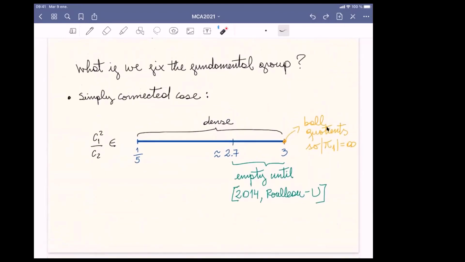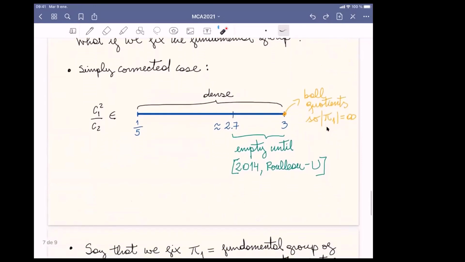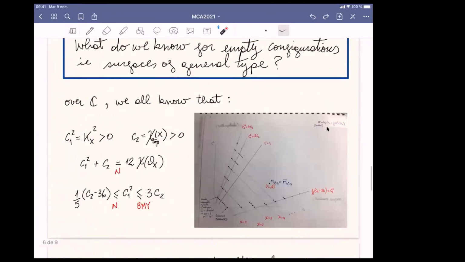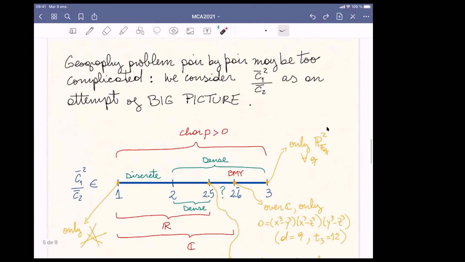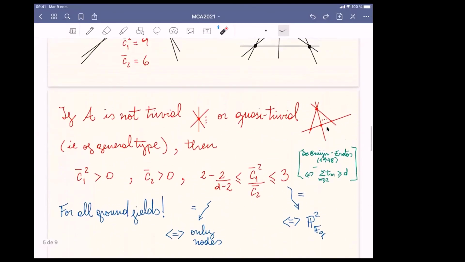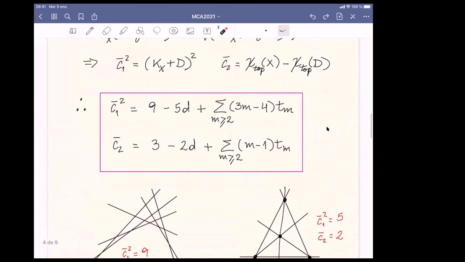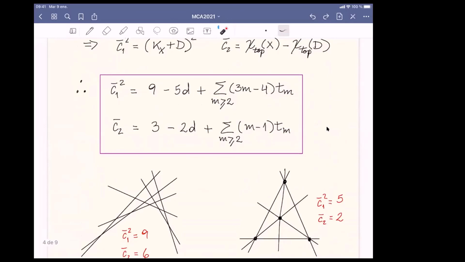I have a question too. So at the beginning, you were talking about the line arrangements. Yes. So there's this notion of the free arrangement, and there are also situations in which the logarithmic tangent sheaf is stable. Does that have anything to do with your classification?